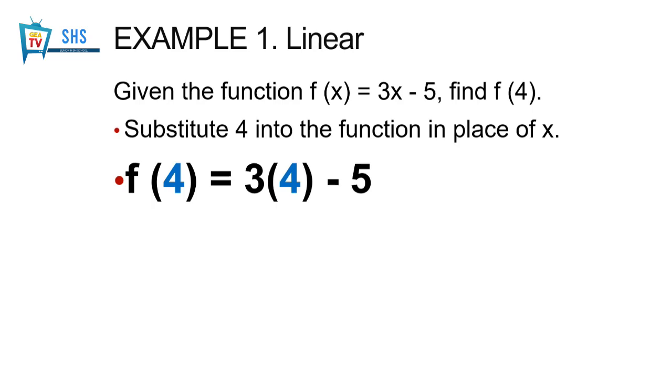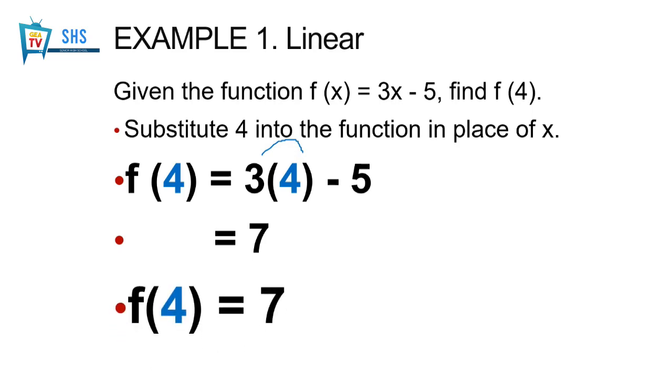So this time we have to multiply the 3 times 4, then we subtract it by 5. So 3 times 4 is 12, minus 5 we get 7. Therefore, f of 4 of 3x minus 5 is 7.